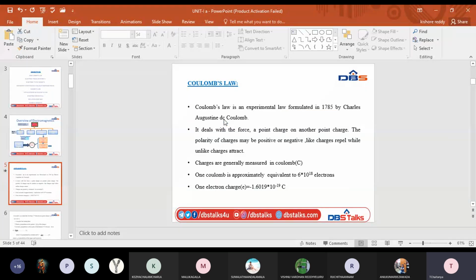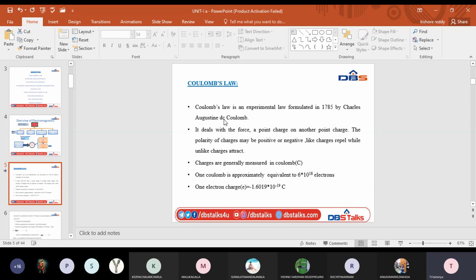See, our first law is Coulomb's law. We have already discussed Coulomb's law in our classroom. Once again, you can recall the same concept.